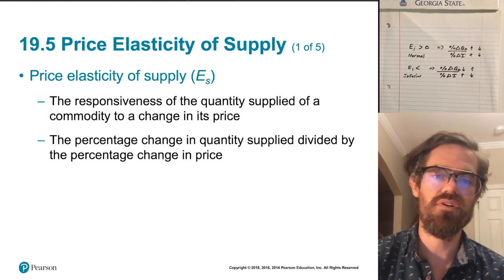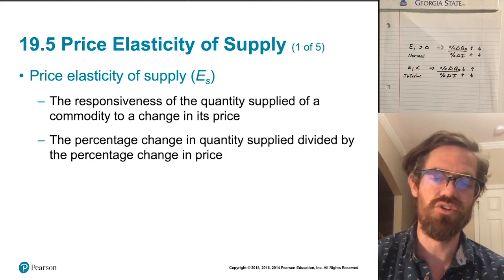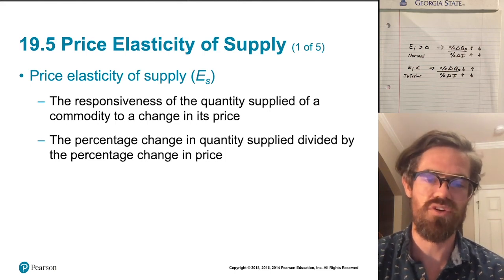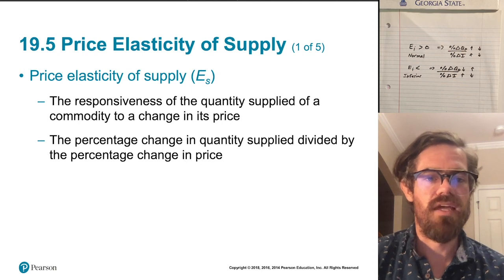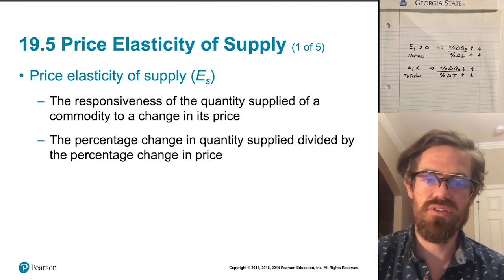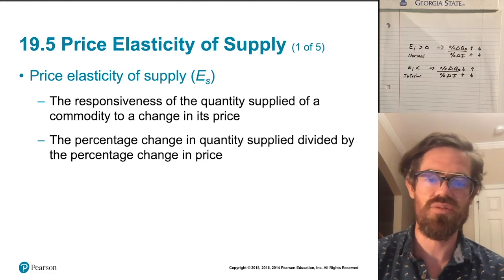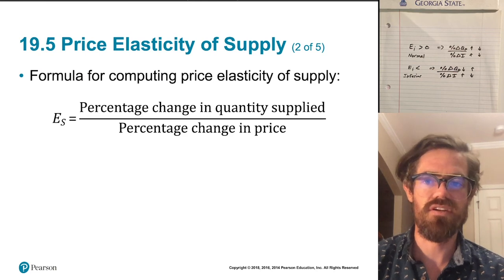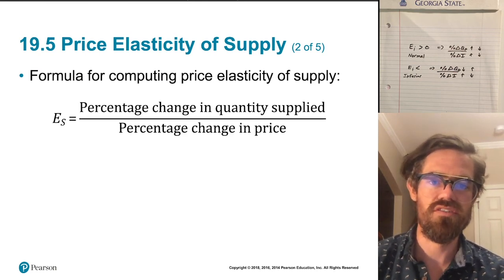So how are firms and businesses and producers responding to changes in prices? And it looks very similar to the other elasticities we've seen. It's simply the percent change in quantity supplied divided by the percent change in price. Okay, so there it is, the formula in words.